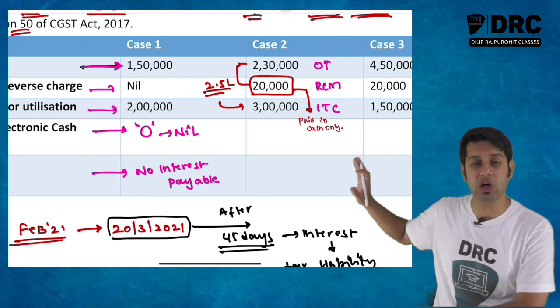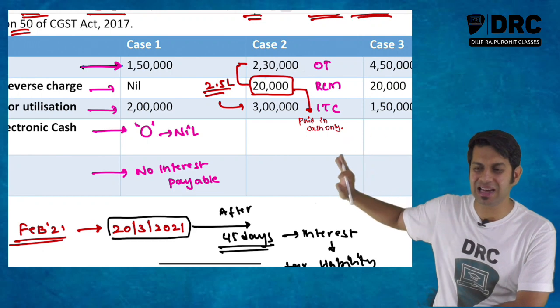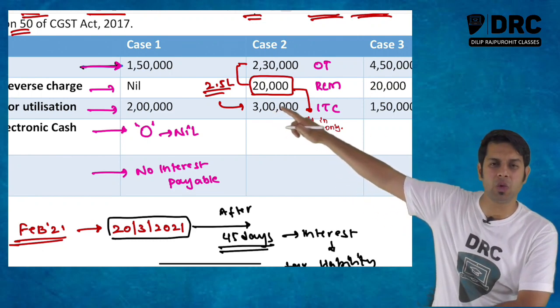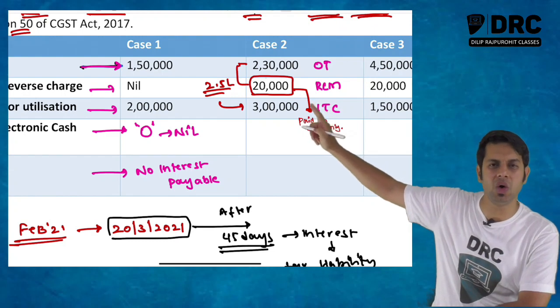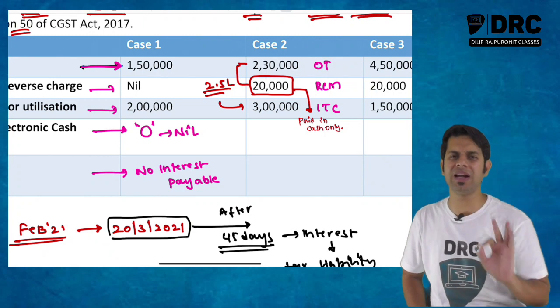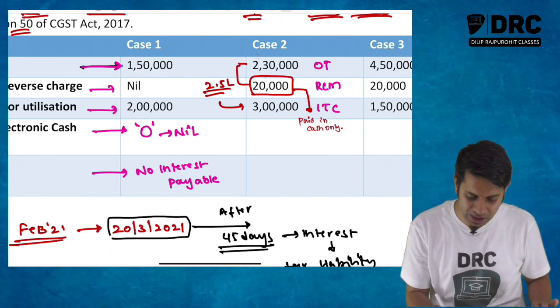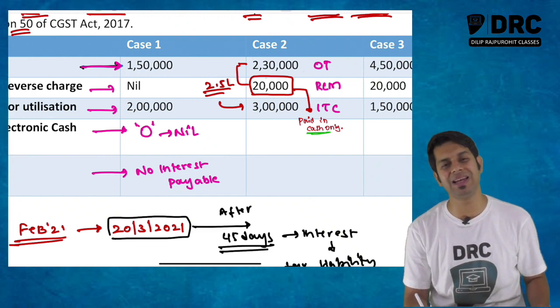Though you have a credit of 3 lakh rupees and your liability is only 2.5 lakh rupees, this 20,000 rupees is a tax which you are required to pay as a recipient under reverse charge. This tax is required to be paid always in cash only.